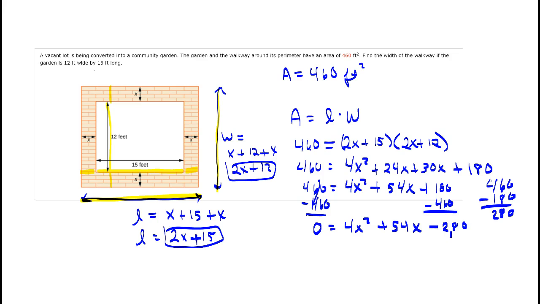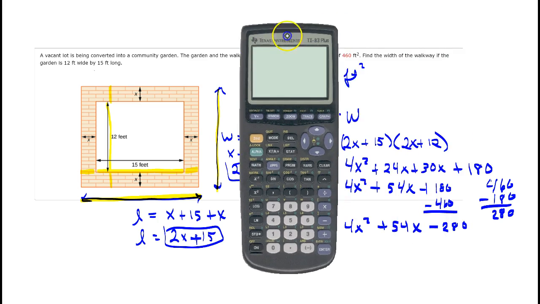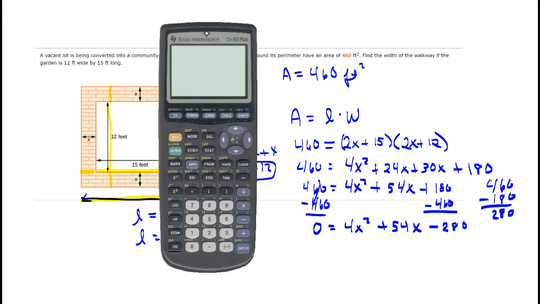I would look to see, do we have a greatest common factor? So I'm wondering if 4 will divide into these. So let's check that out. Of course, 4 goes into 4 one time. What's 54 divided by 4? Oh, it doesn't go into 54. We can see if 2 does. And it does. So we can divide them all by 2.